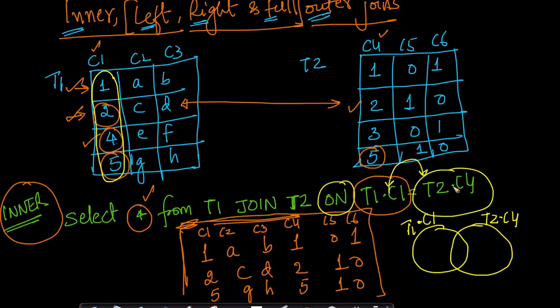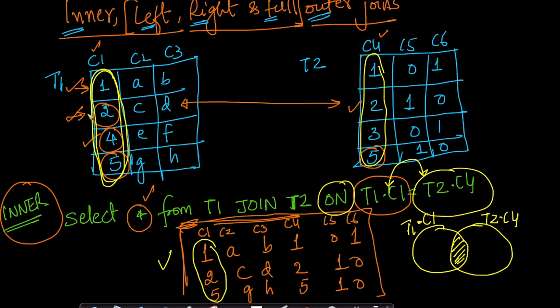The final resultant that you get is the set of values in the intersection of these two.